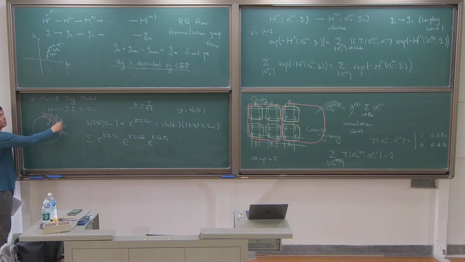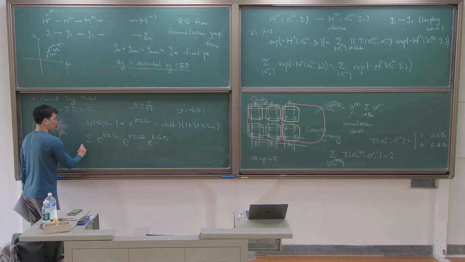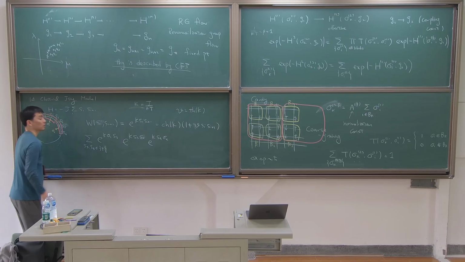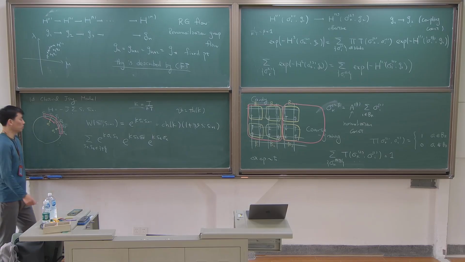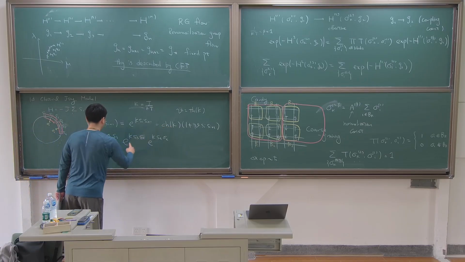And then we just average over all possible configurations for S3 and S4, which is plus minus 1. That is the coarse graining for this one, just keeping the middle ones. And then we just plug this one in here.